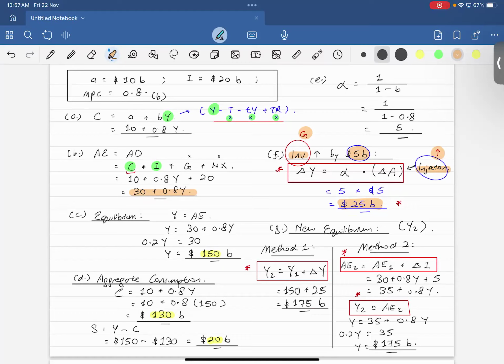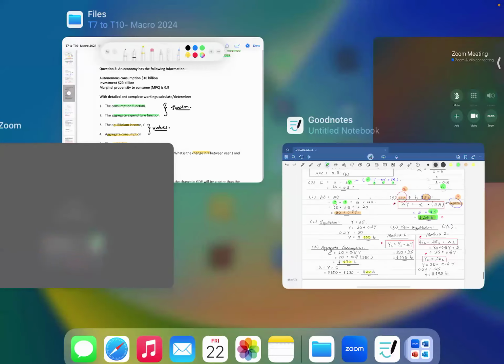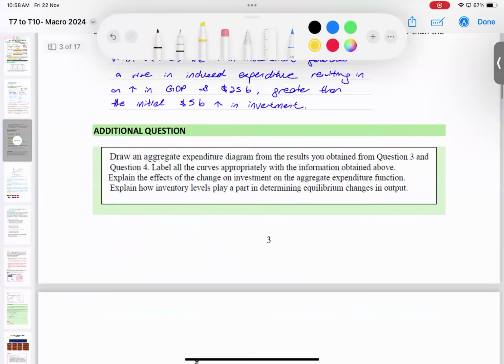Here one thing you can see is that with the multiplier effect, it can lead to a higher increase in real GDP. With only a 5 billion injection, it leads to an increase of real GDP by 25 billion. Why? You can understand from this.